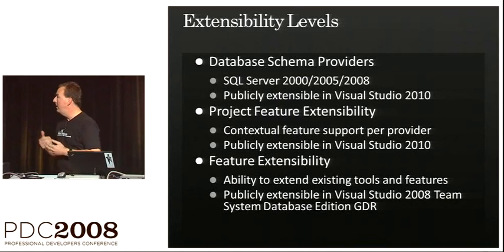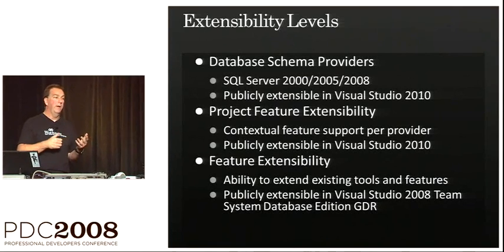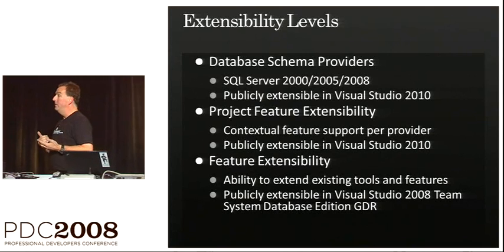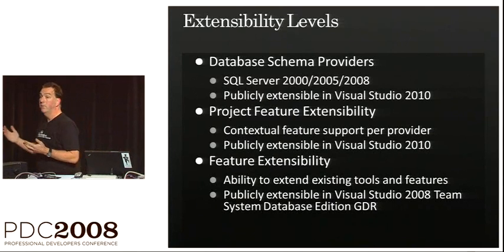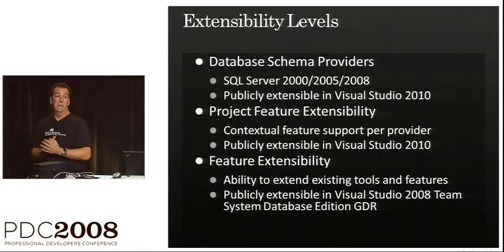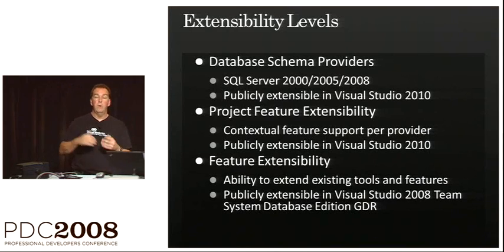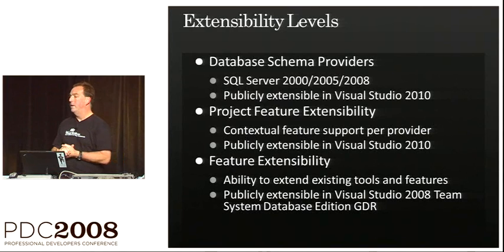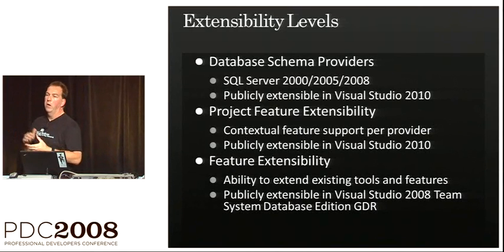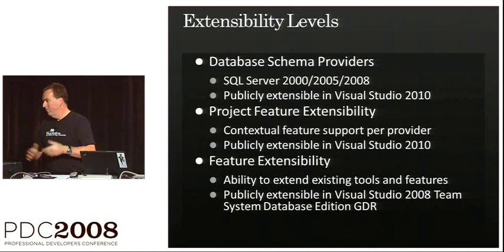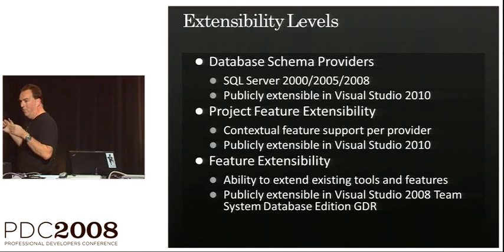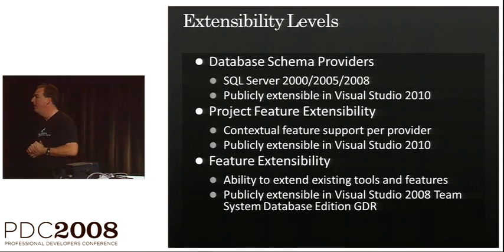So today we're shipping SQL Server 2005, 2000, and 2008. This will become a public extensibility point in the next release of Visual Studio 2010. At that point in time, we already announced in June at TechEd in the keynote that IBM will support DB2, and we're working with all the other major vendors who sadly enough couldn't be on stage because they're not ready yet. But believe me, they will be there.